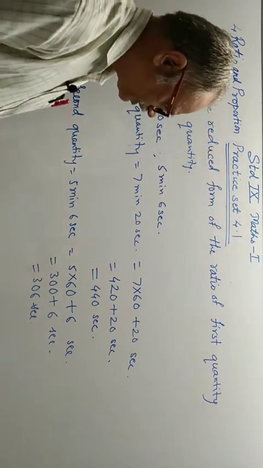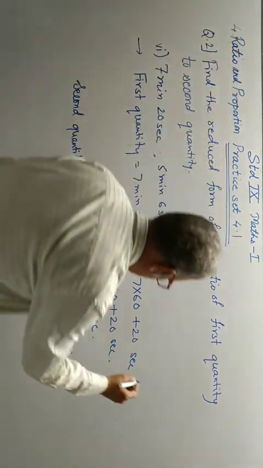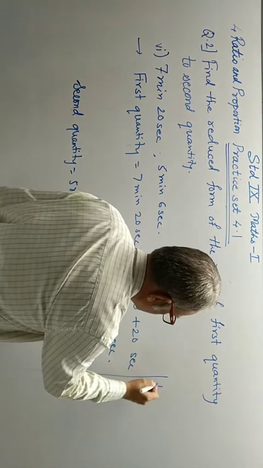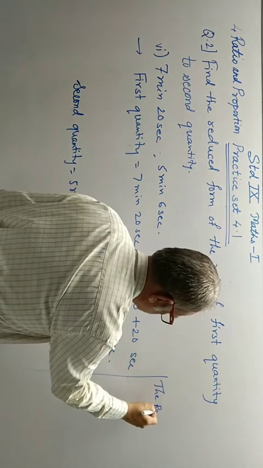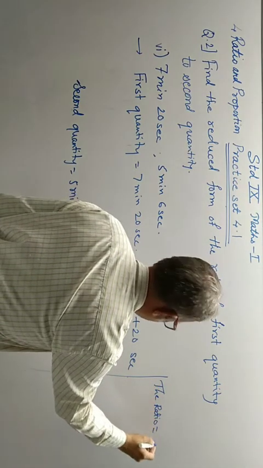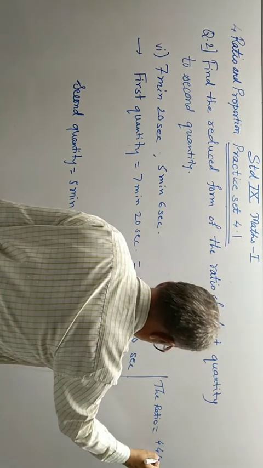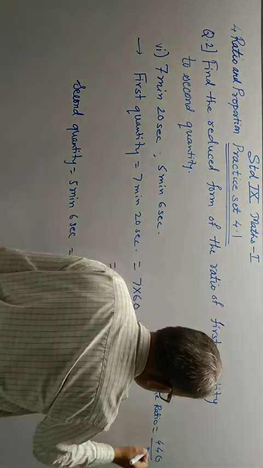Now we will write the ratio. The ratio: first quantity is 440 seconds, second is 306 seconds.